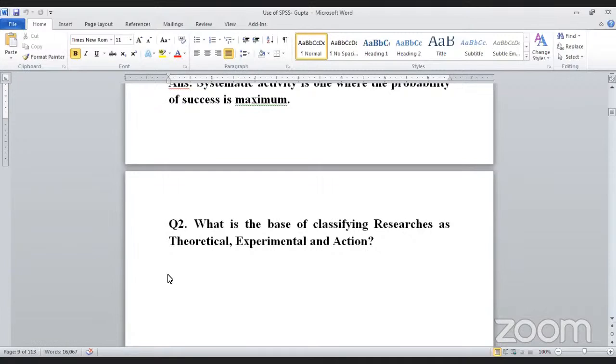The vaccine was applicable only within that particular country. Then they started finding out whether it can be used in other countries or not. Therefore, in experimental research the utility, or the degree of applicability, is limited.